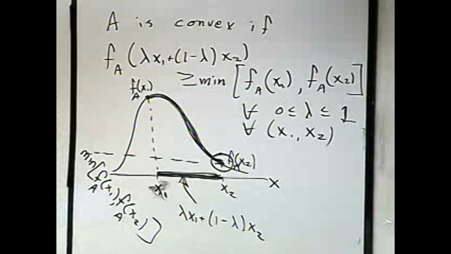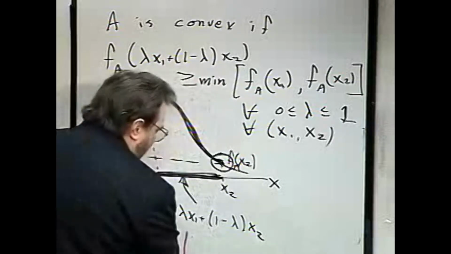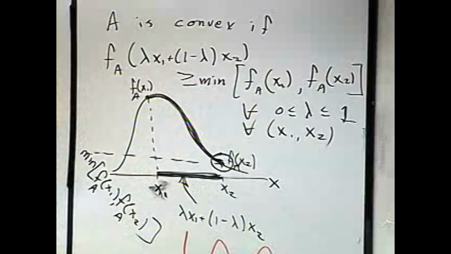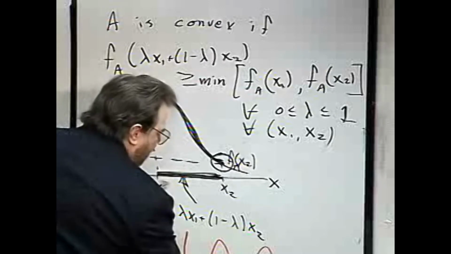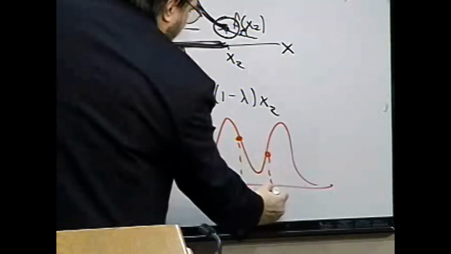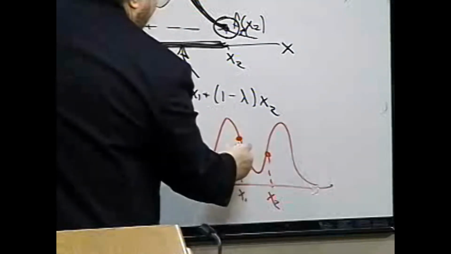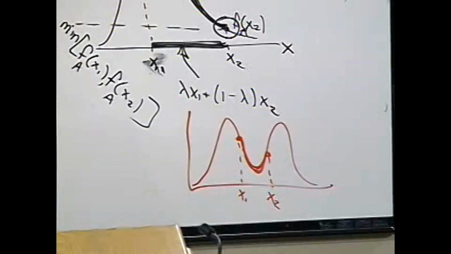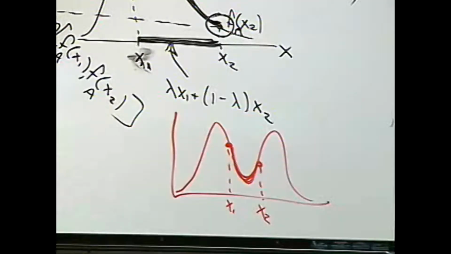You will notice, for example, if we had a fuzzy set wherein the membership function looked like this, we can always find an x1 and an x2 wherein there would always be points on that curve which did not exceed the minimum.